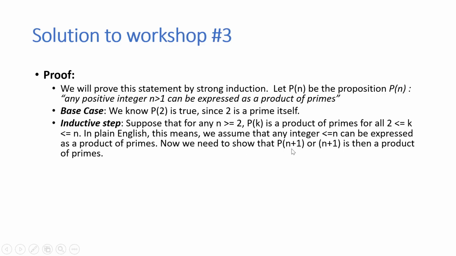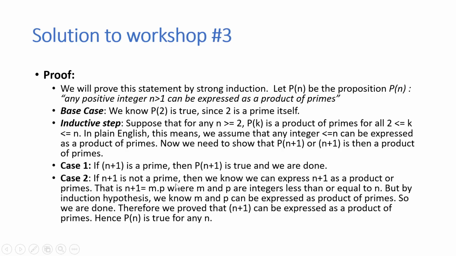Now we need to show that Pn plus 1, or n plus 1, is also a product of primes. So if n plus 1 is a prime, that's one case, then Pn plus 1 is true and we are done. If n plus 1 is not a prime, then we can express n plus 1 as m times p, where m and p are integers less than or equal to n.